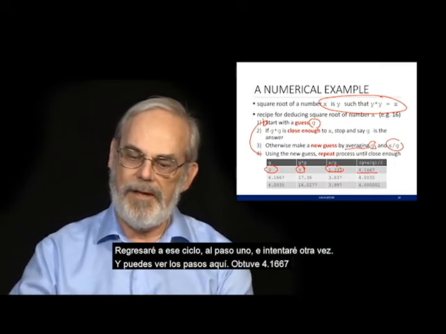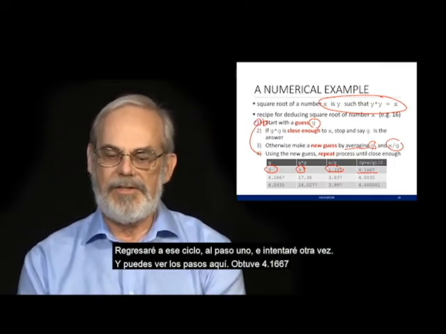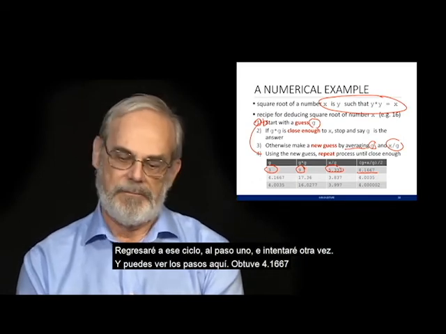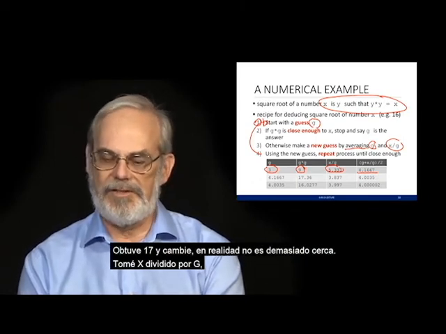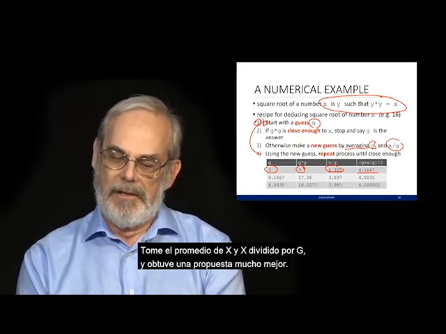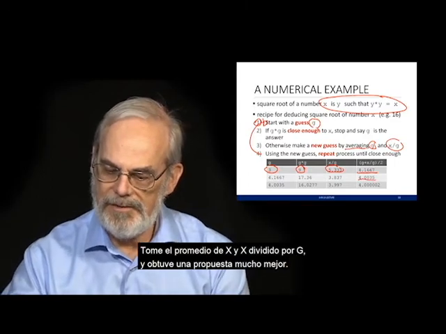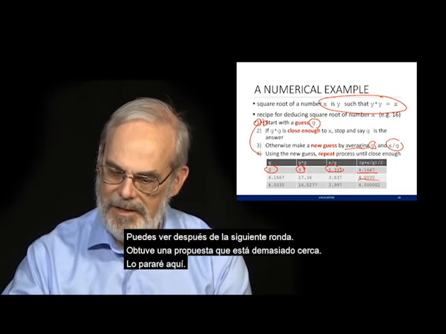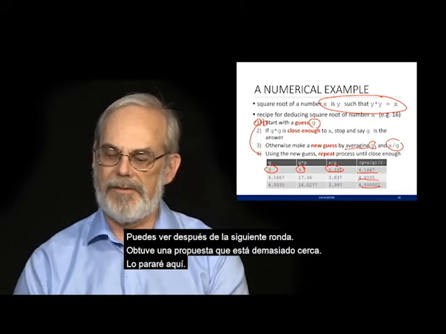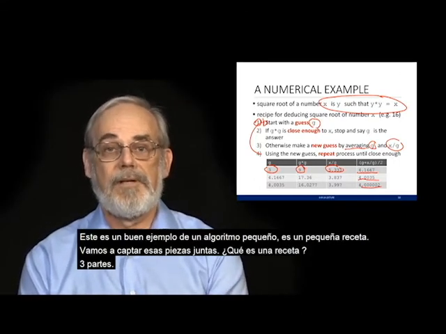I'm going to go back through that loop, go back up to step number 1, and say try it again. And you can see the steps here. I square 4.1667, I get 17 and change. It's really not close enough. I take x divided by g, I take the average of g and x divided by g, and I get a much better guess. And you can see after the next round, I get a guess that's close enough, I'm probably ready to stop. So, this is a nice example of a little algorithm.